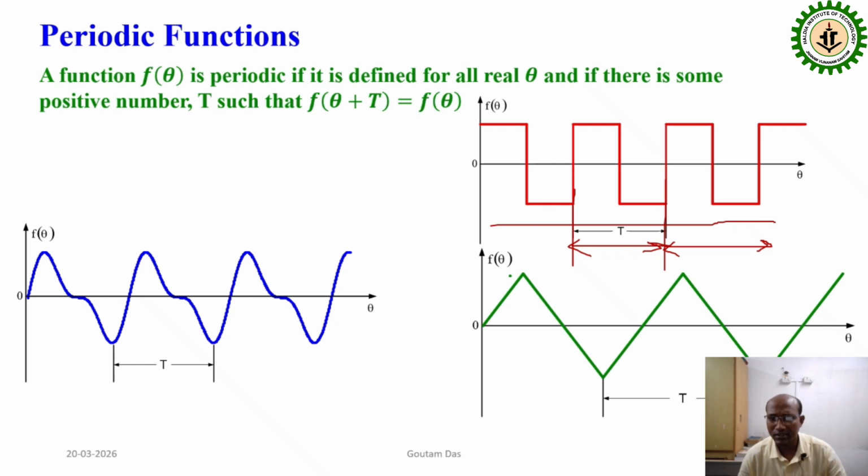So this function is periodic in nature. Similarly, the bottom green one is a triangular wave, which is also periodic in nature. This function is not a usual function, not sinusoidal, not triangular, not square, but a different kind of waveform, and still it is a periodic signal having a time period of capital T. So all these waveforms which are periodic in nature can be represented as a Fourier series.